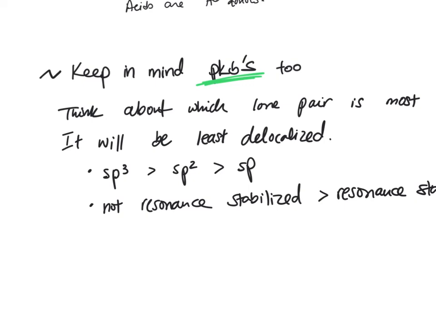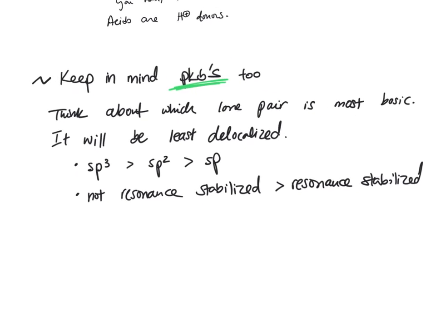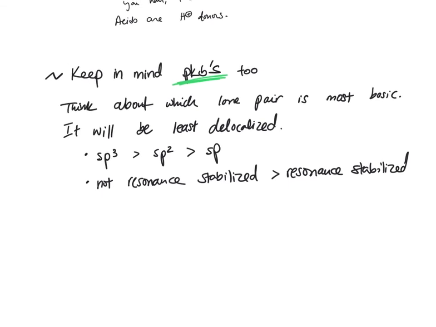You want to think about which of them is the most delocalized and can therefore serve as a nucleophile in an acid-base reaction, or as a Lewis acid in an acid-base reaction. So when we're thinking about lone pairs, we're thinking about sp3 versus sp2 versus sp, and whether they're resonance stabilized or not.